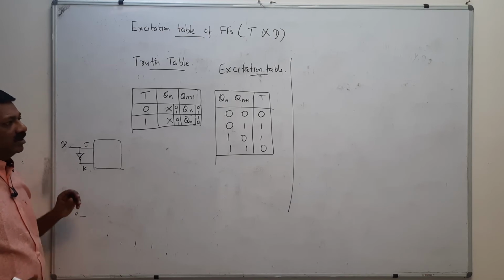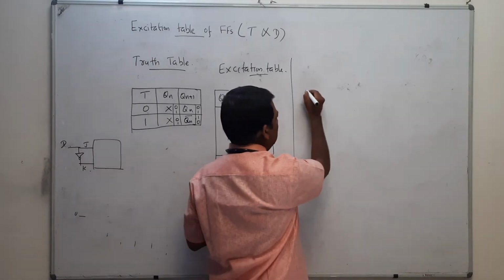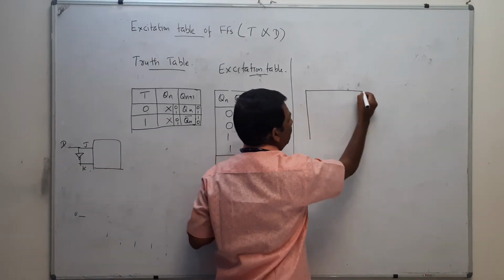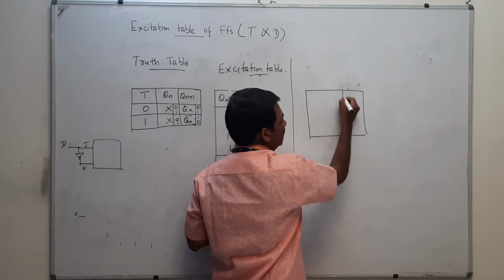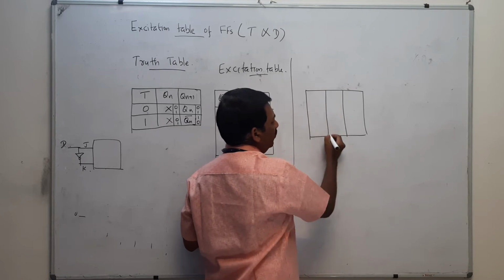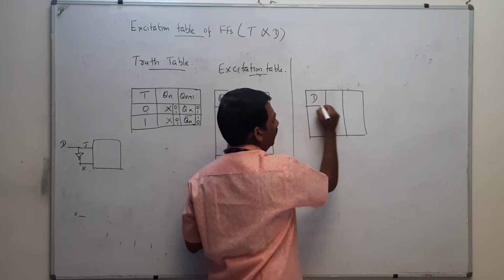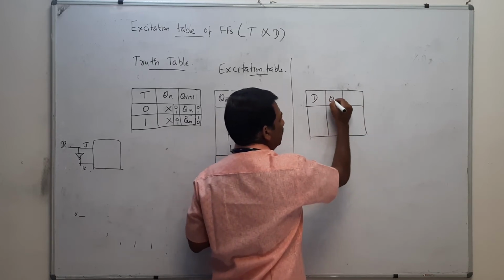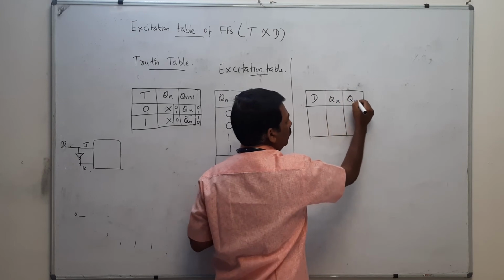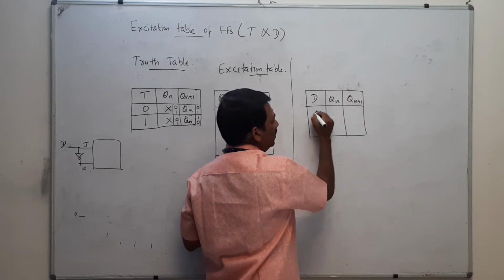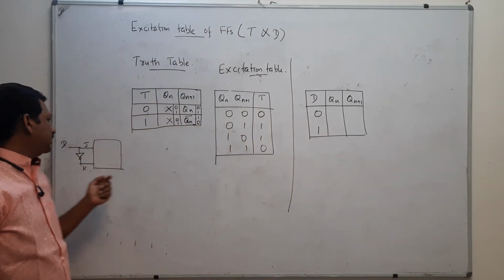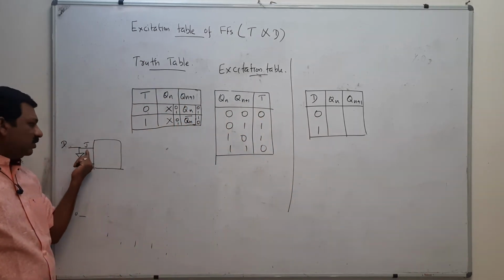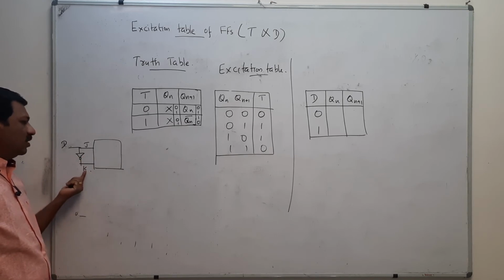This is the truth table for JK, and this is the D flip-flop with Qn and Qn plus 1. If D is 0, J is 0 and K will be 1.